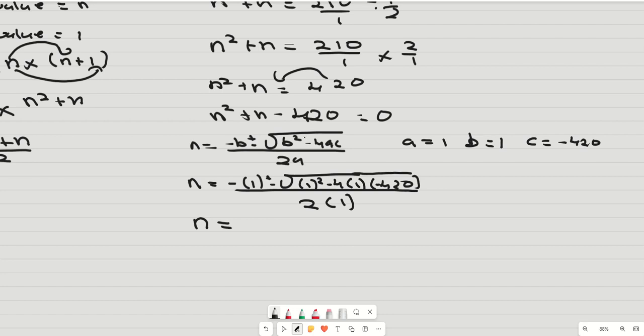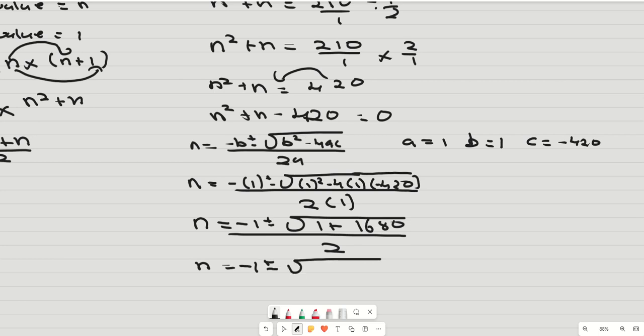All right, so n is equal to negative 1 plus or minus the square root of 1 plus 420 multiplied by 4, which is 1680, all over 2. So n is equal to minus 1 plus or minus the square root of 1681 over 2.